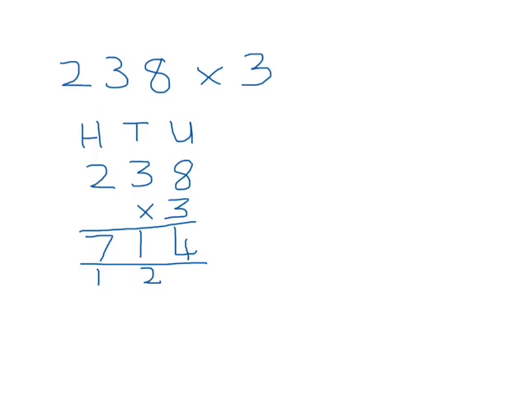Okay, so 238 times 3 is 714. So if this was kroner and each child had 238 kroner and there were 3 of them, altogether they would have 714 kroner. The answer is always between the lines, and we don't look at this as our answer. That was just while we were working each stage out.